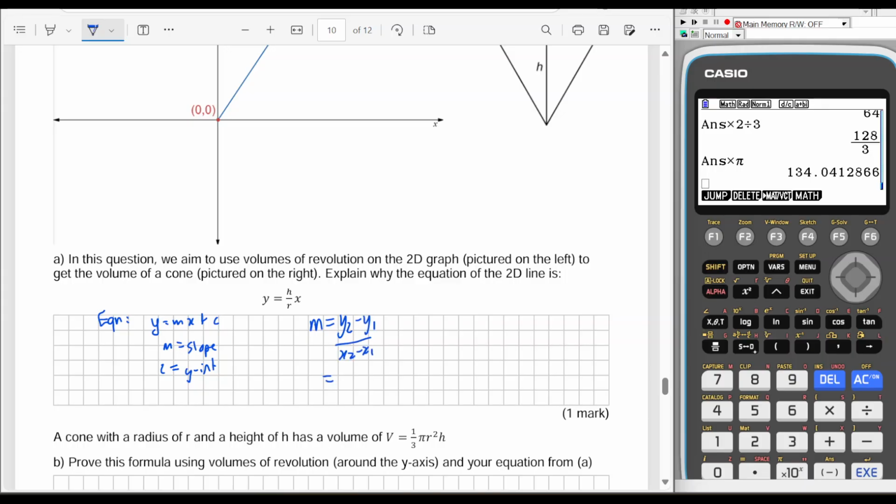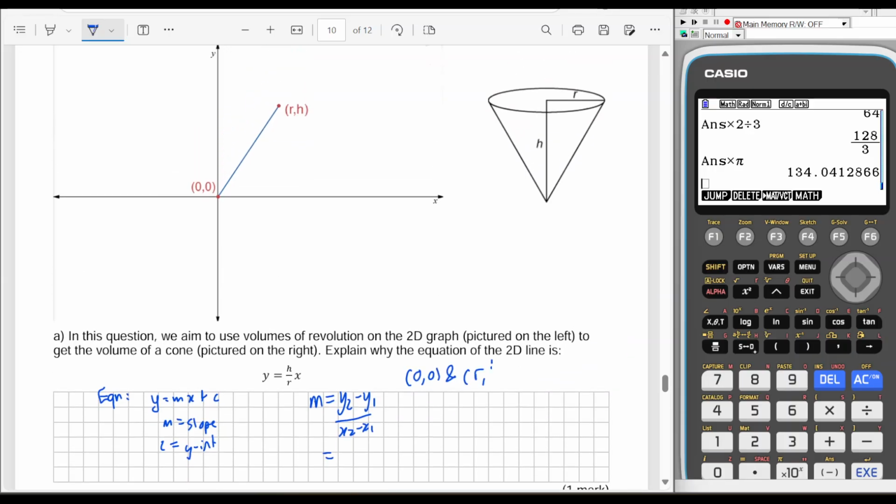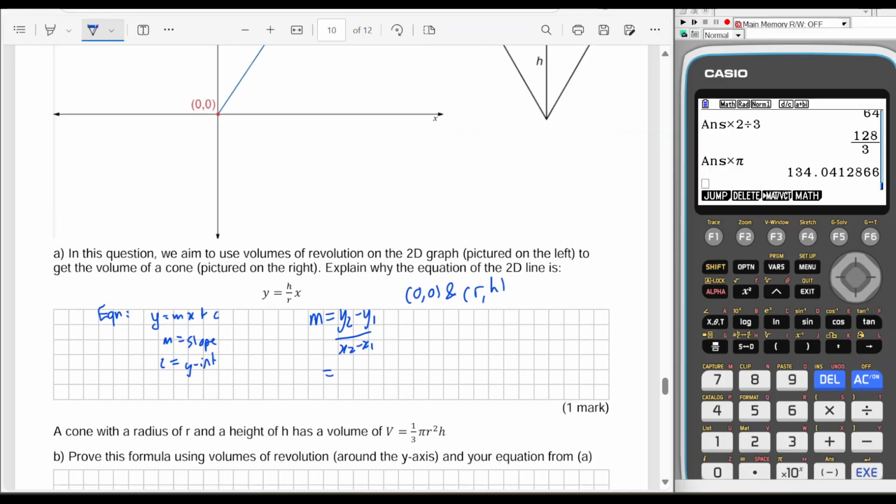So you pick 2 points. Here, we can pick 0, 0, and I think our other point is r, h. So this would be h take 0 over r take 0. So it's h over r. That's our m value. And c is 0, so the y-intercept is 0.